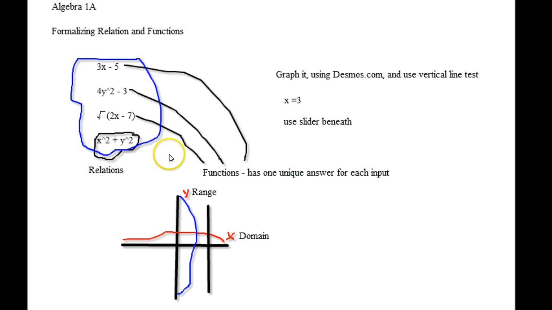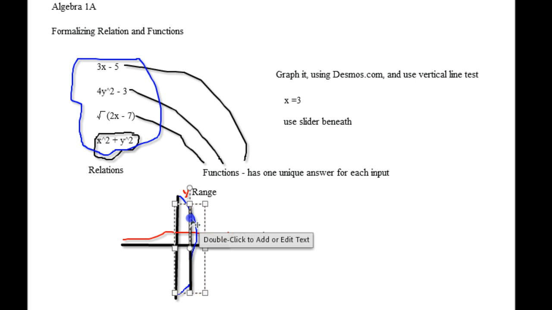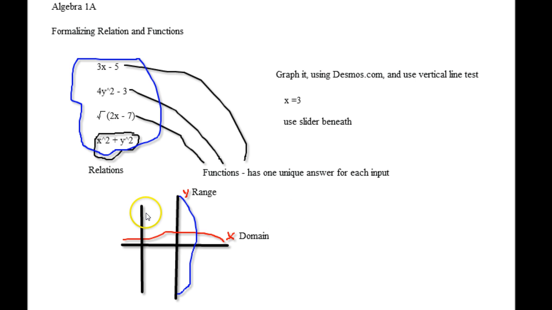When you use the slider, you can actually move the line around and test your vertical line test. Long story short, if it touches my graph more than once, I have an issue. In other words, I don't have a function, I just have a relation.